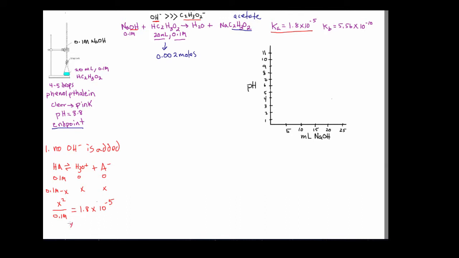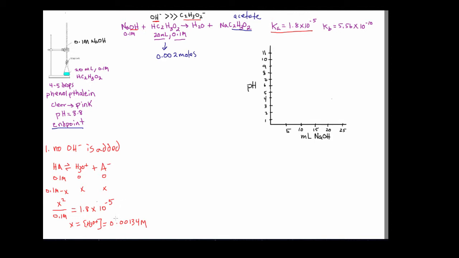So my X value, which is equal to the concentration of H3O plus, is going to equal 0.00134 molar.